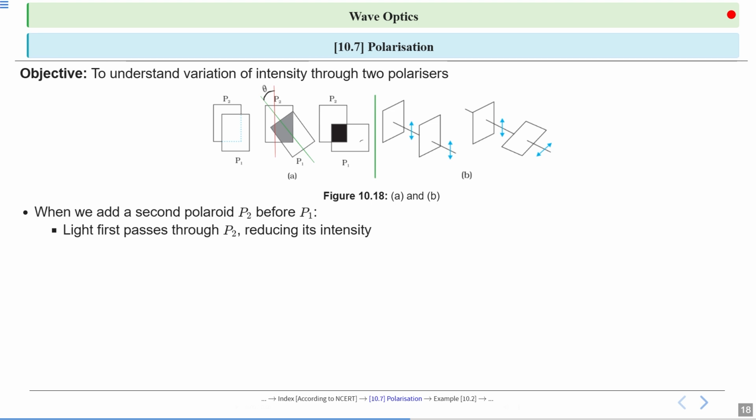Now, as light passes through P2, let's focus on what happens next. When we rotate P1, there will be a specific position where no light will pass through both P2 and P1. This results in complete darkness. It's crucial to understand that this occurs because the polarizers are aligned in such a way that they block all the light.